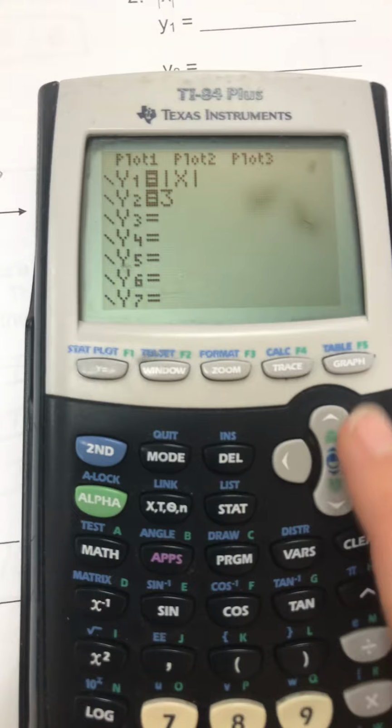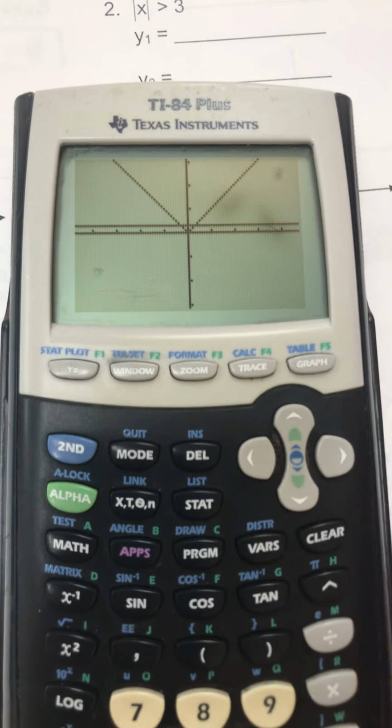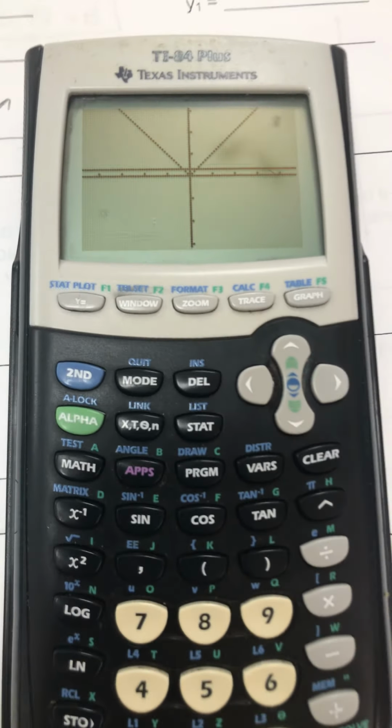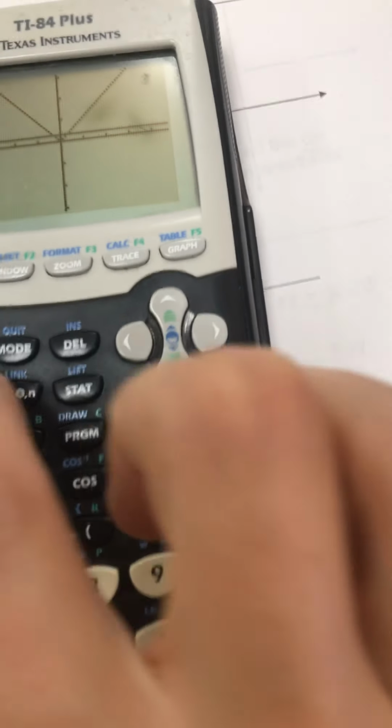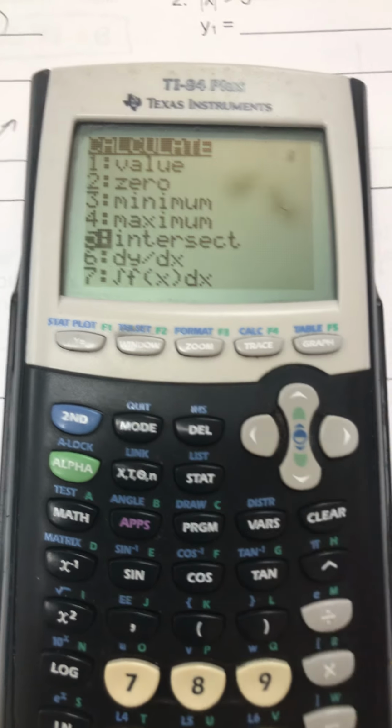Now I'm going to hit graph. This is what it looks like. I'm trying to draw it here. Now I need to find my points, so let's go second calc, intersect, enter.